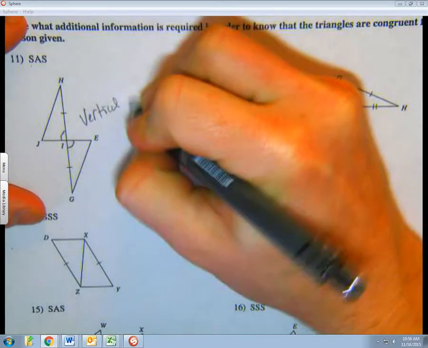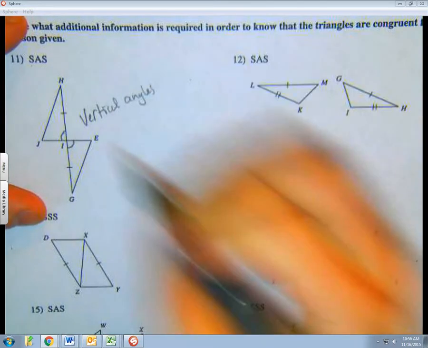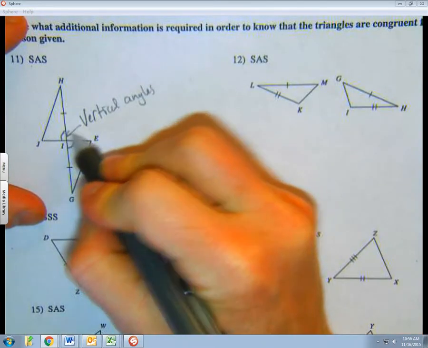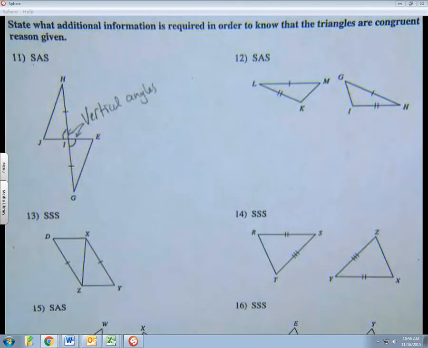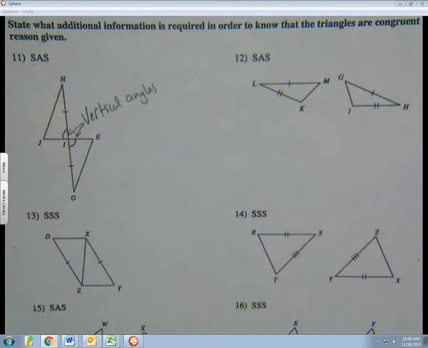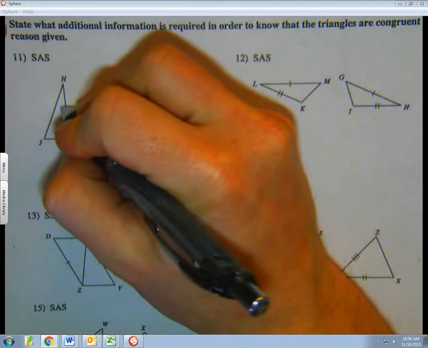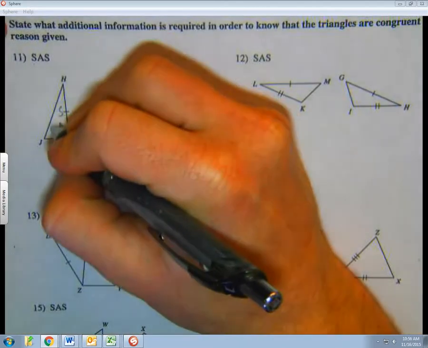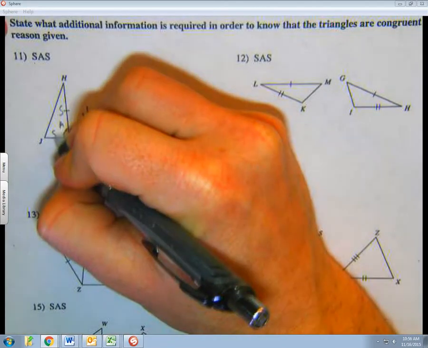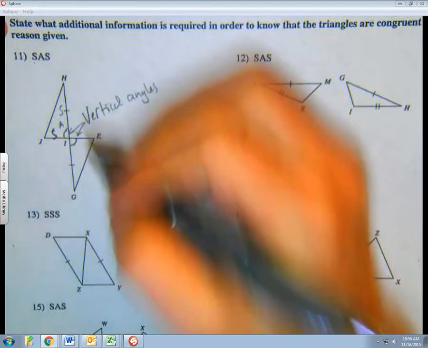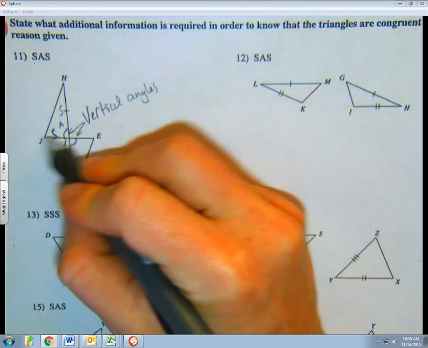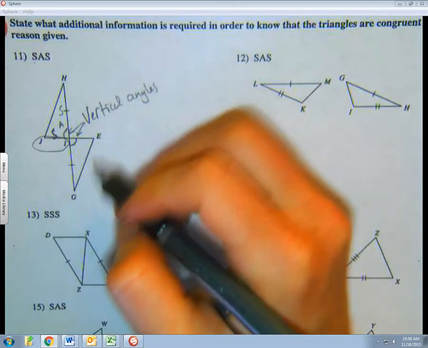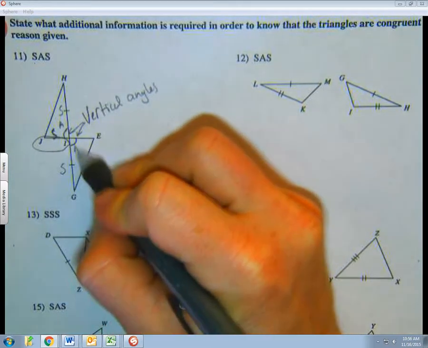So we know that those are the same there. Now it's just a matter of getting the other side. We've got side angle, and the side we're looking for is going to make that angle included, so it's going to be this side. Same thing here. I've got side angle, so it's going to be this side here to make it included.